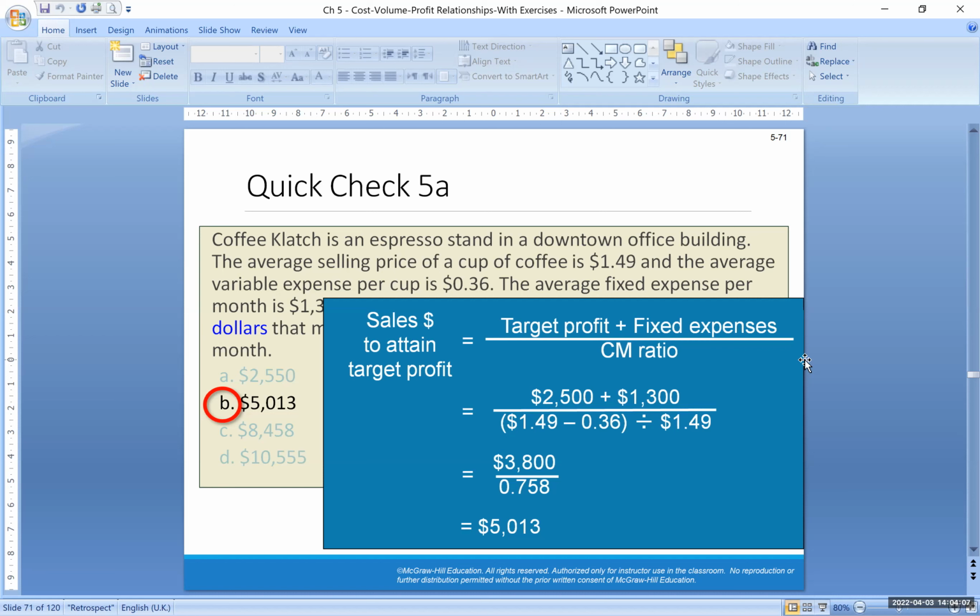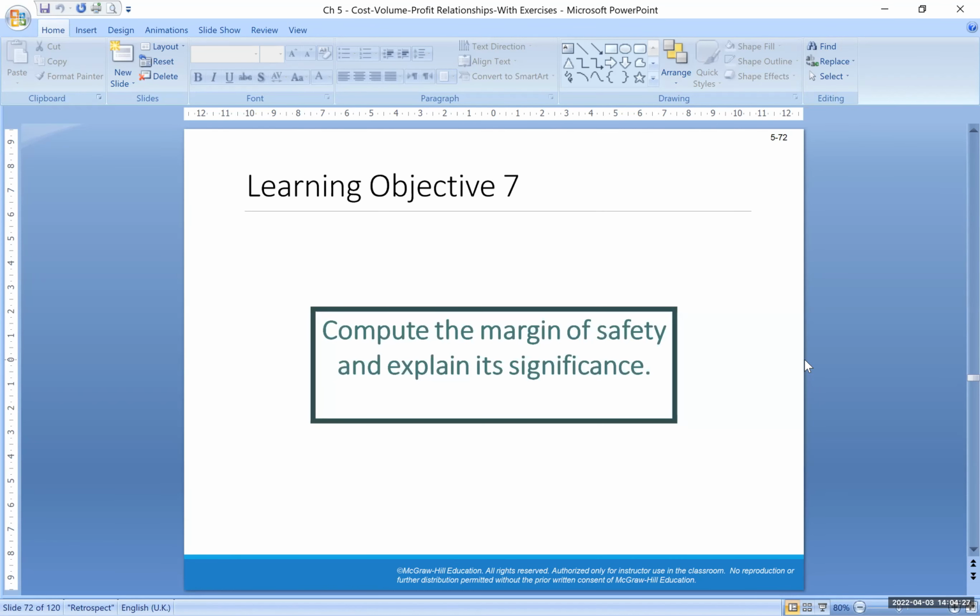So the ratio will be 0.758, and the answer for the sales amount will be $5,013, which is B. That's all for the target profit, or calculating how many units to attain that target profit, or what the sales amount is to attain that target profit.